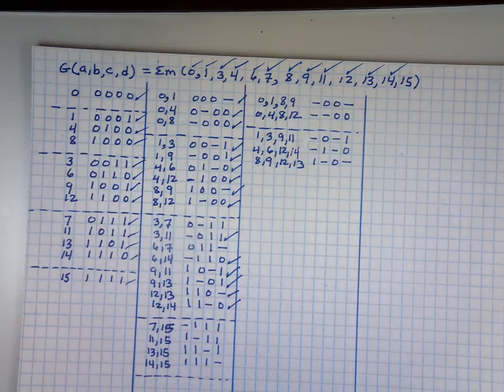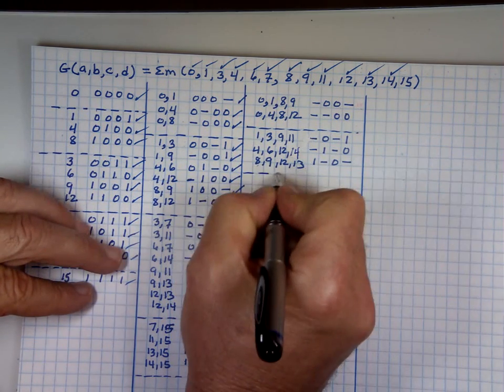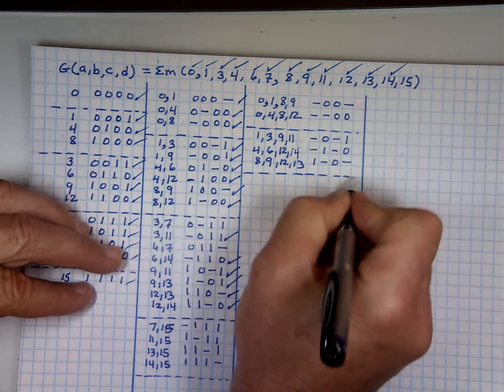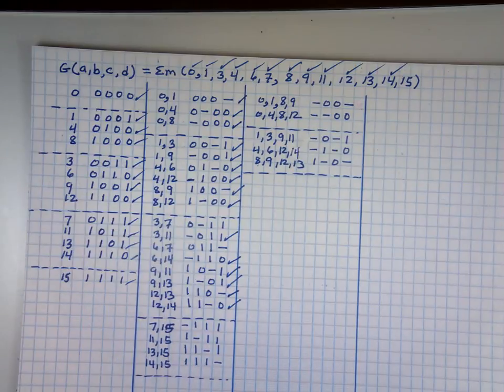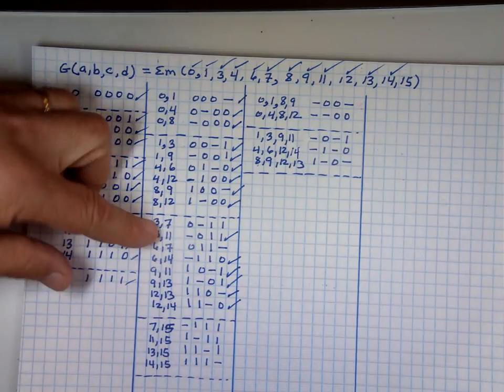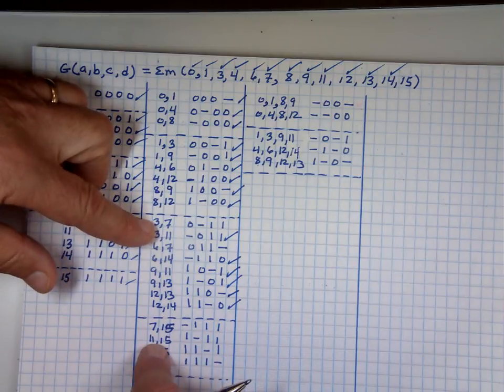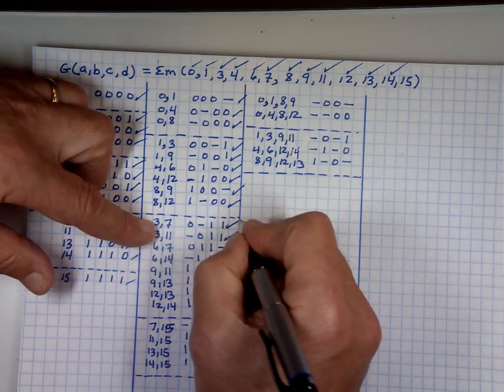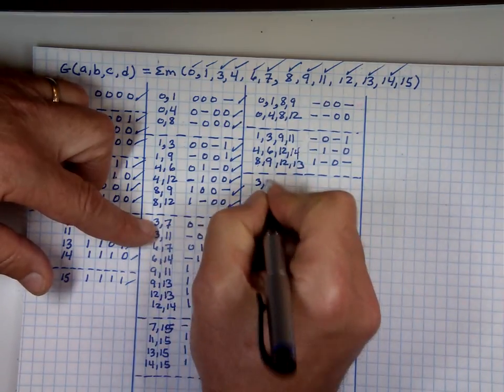Now the last group is this and this. 3, 7, 11, 15. Dash, dash, 1, 1, right? Yep. Check mark on both of them. 3, 7, 11, 15.